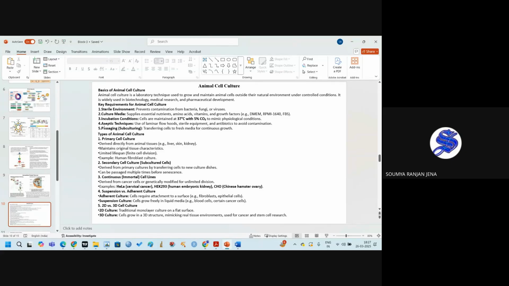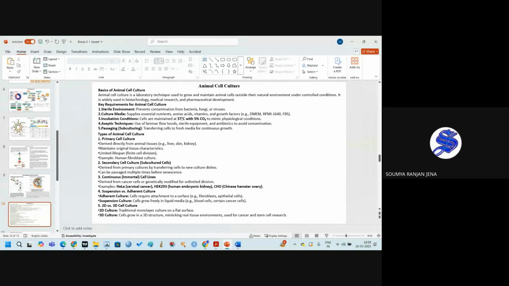The fourth one is aseptic techniques. Aseptic technique is required during cell culture, cell harvest or cell storage, and we use laminar flow hoods, which use different filters to purify the air and create sterile air conditions.